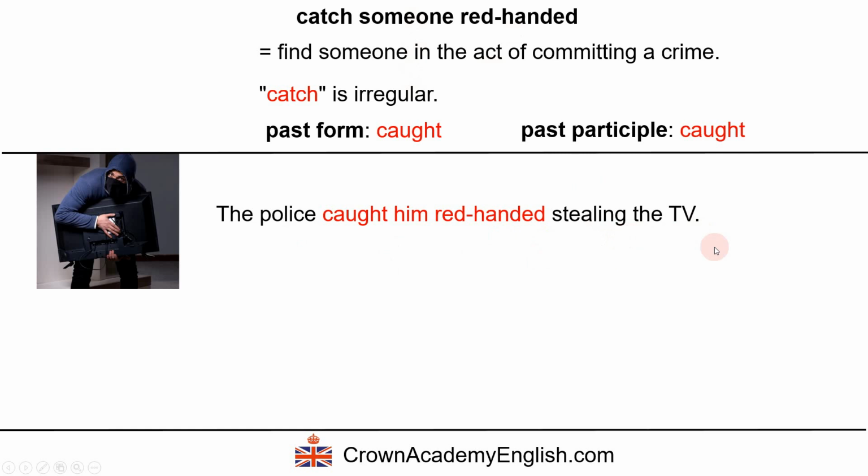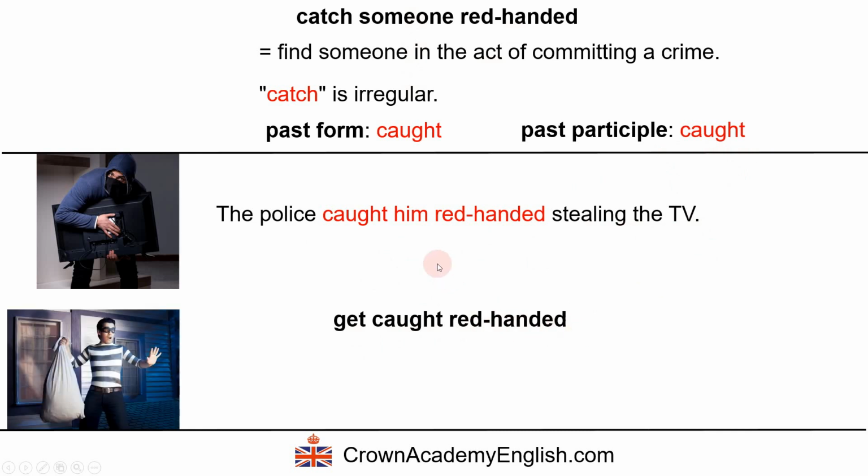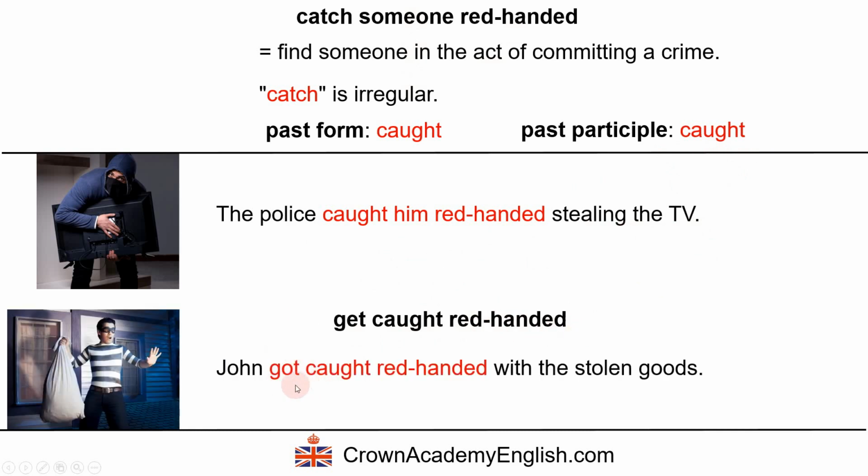ing form. We can also transform this into a causative verb. So here we have get, then the past participle of catch, which is caught, then red-handed. So John got caught red-handed with the stolen goods.